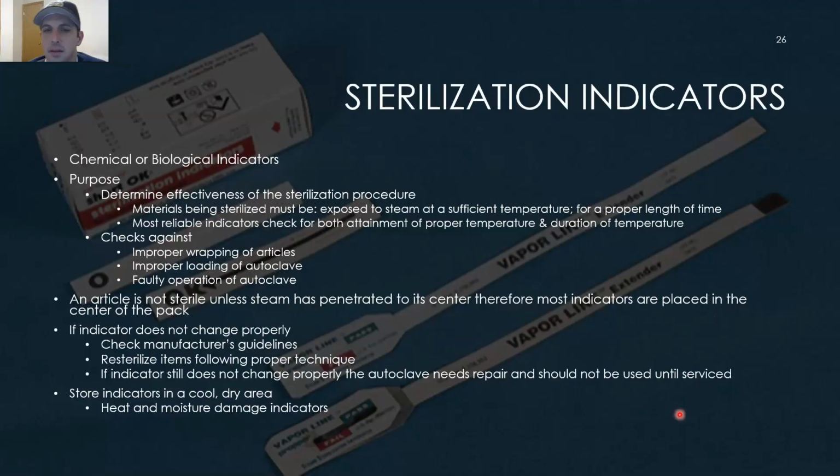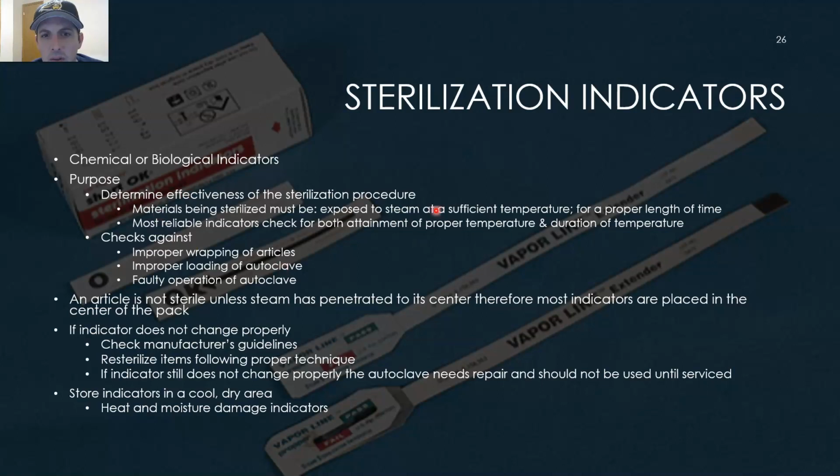One of the big things within the monitoring program to consider is what sort of sterilization indicators you are going to use. These are chemical or biological indicators that are used to determine whether or not the sterilization procedure was effective. The idea here is a fail-safe to make sure that we are in fact sterilizing the objects, as well as to make sure that we can keep track of that.